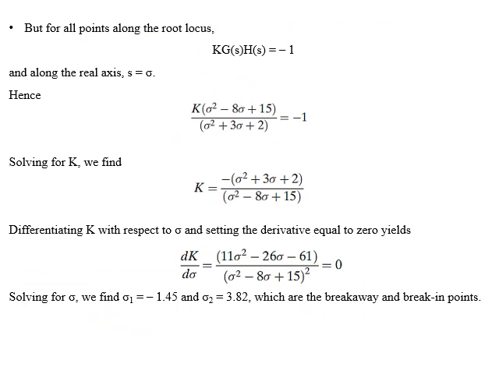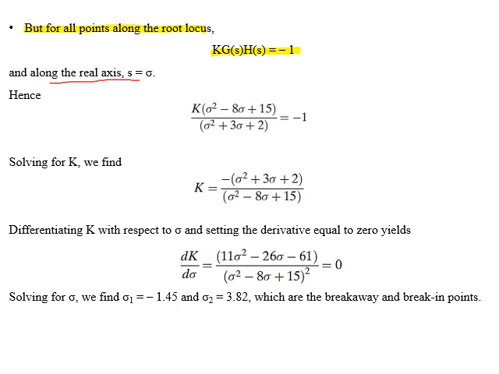Dear students, now we have the open loop transfer function of the system. But for all points of the root locus along the real axis, we will use the relation kG(s)H(s) equals minus 1 and replace s by sigma.